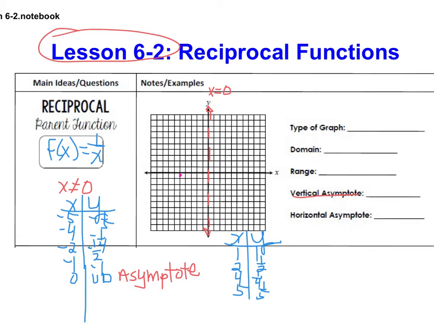And if I go -4, -1/4, you're not going to see a whole lot of difference. 1/4 is a little further away from the x-axis, but whoops, I'm trying to get further away and I got closer. So as you can see, that's part of the problem. So really you're not going to see much of a difference.